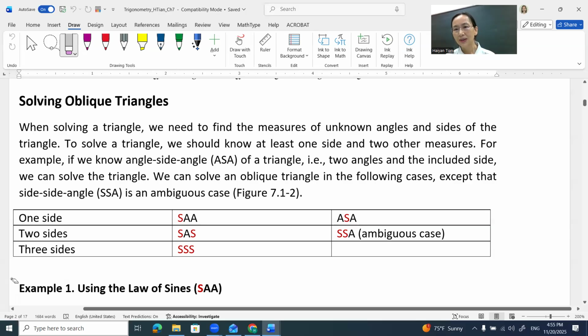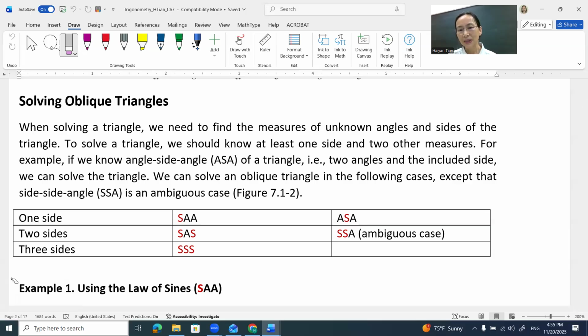I will show some examples to explain that. Sometimes we have a solution, sometimes no solution, sometimes two solutions. So this one is called an ambiguous case, depending on the information given. And then we have possibly three sides.